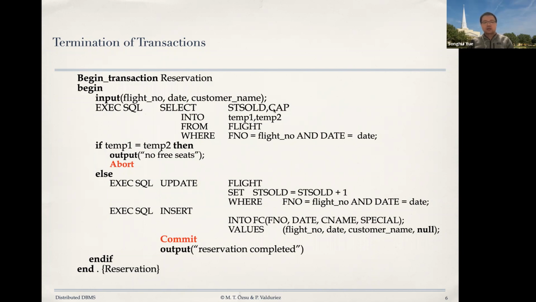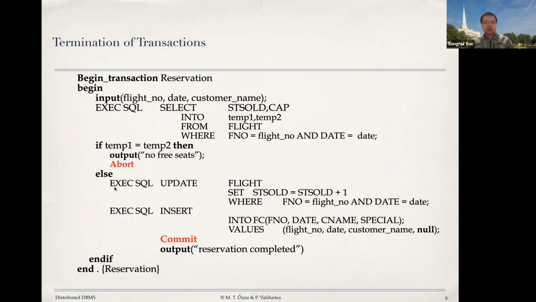If the seat sold equals cap, which means that the number of seats sold has reached the max number of seats that the flight can hold, which means that there could be no more reservation for that flight, right? So if temp 1 equals temp 2, then output is no free seats and just abort the transaction.